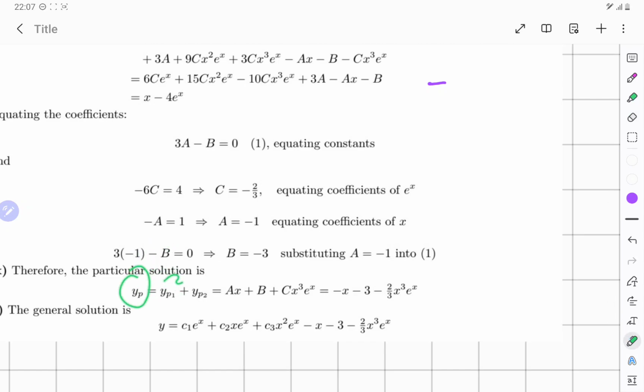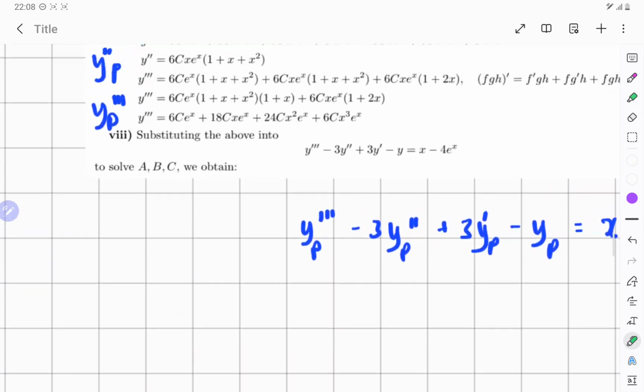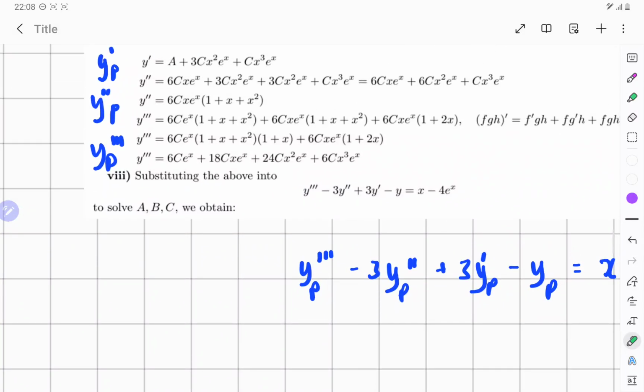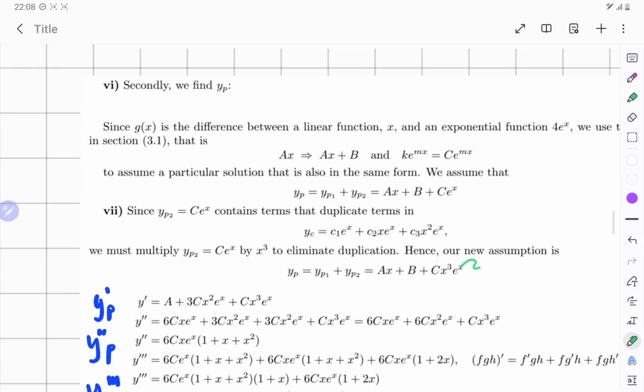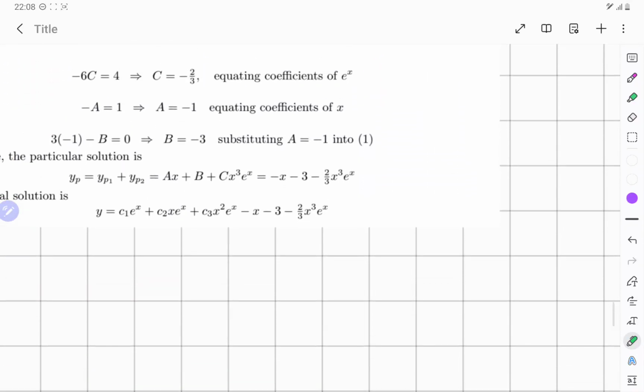So we have y particular is my y particular 1 plus particular 2, which was ax plus b plus cx cubed e to the x, from this form, from that form. But just now I have solved a, b, and c.